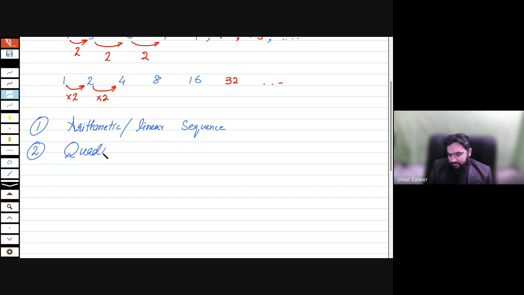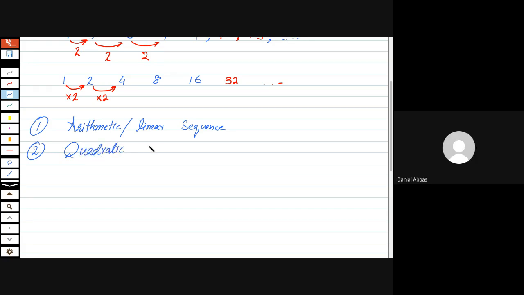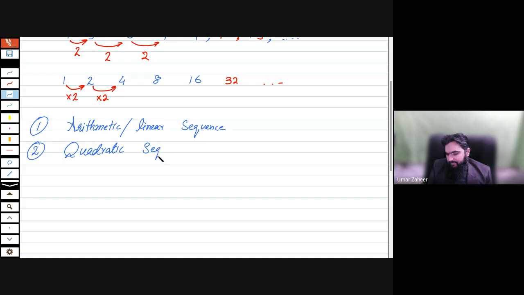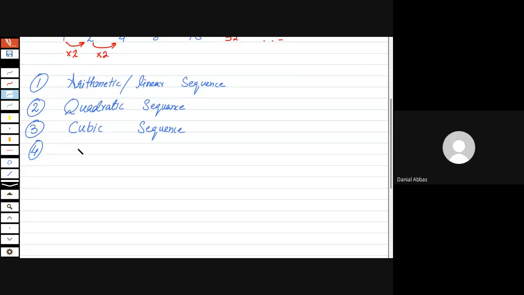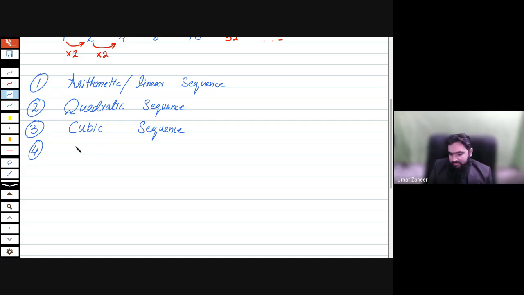That is quadratic sequence. Third one is cubic sequence. And the last one is exponential or geometric sequence.